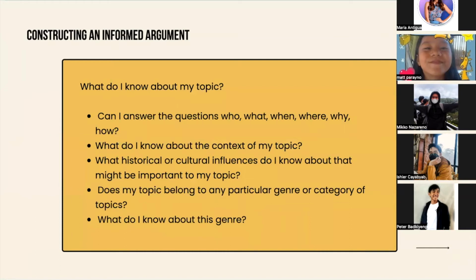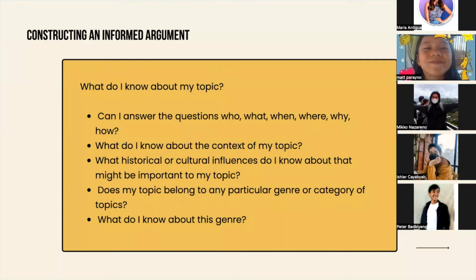So constructing an informed argument, you will try to think and construct this argument. How will it be an informed argument? So, first, you want to consider what, again, we've said, what do you know about the topic?